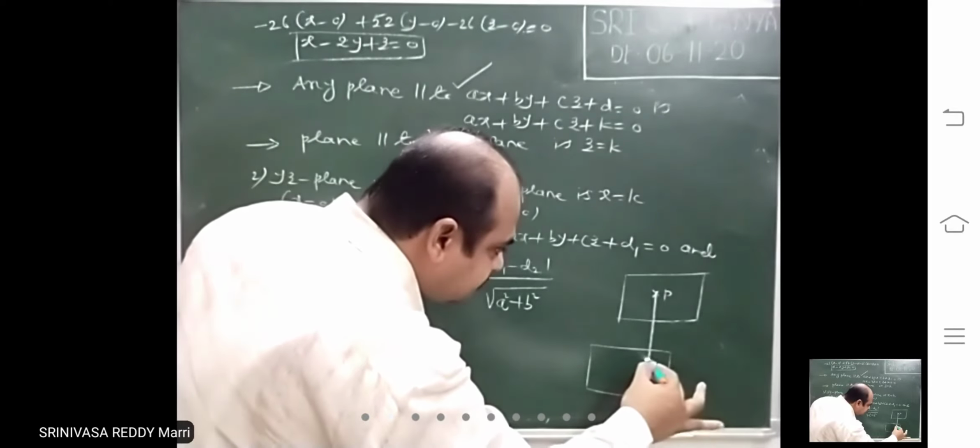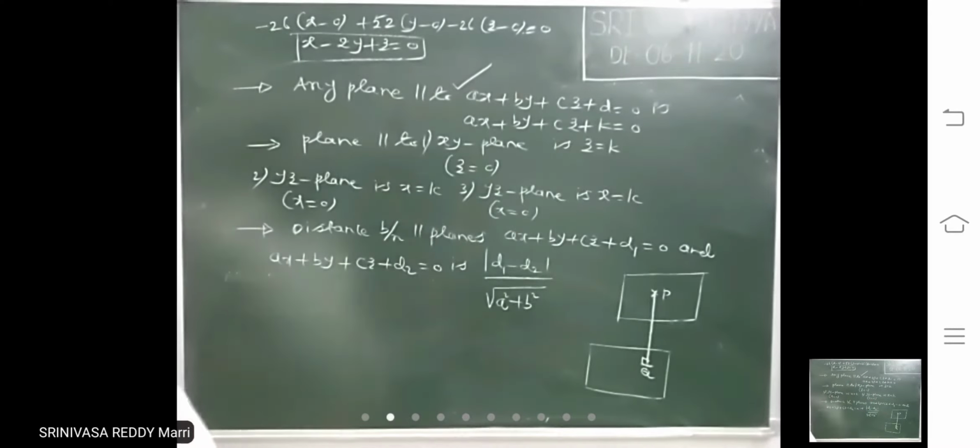This distance is called the distance between parallel planes. If the books are exactly parallel, if you take any point and drop the perpendicular, all the distances will be equal only. That is the distance between parallel planes.